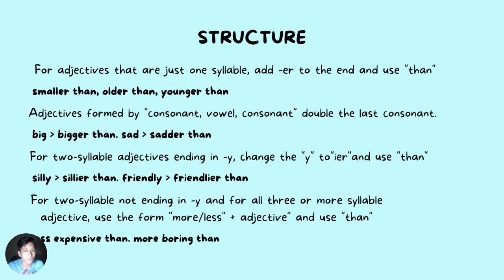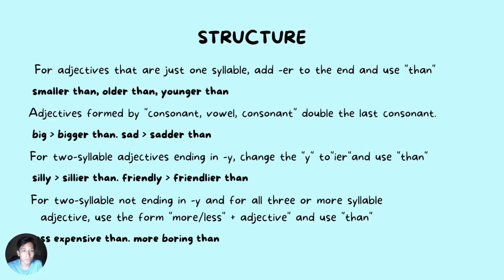For those adjectives which are two syllables ending in y, we have to change the y to ier and use than. So it will be from silly to sillier than, from friendly to friendlier than.